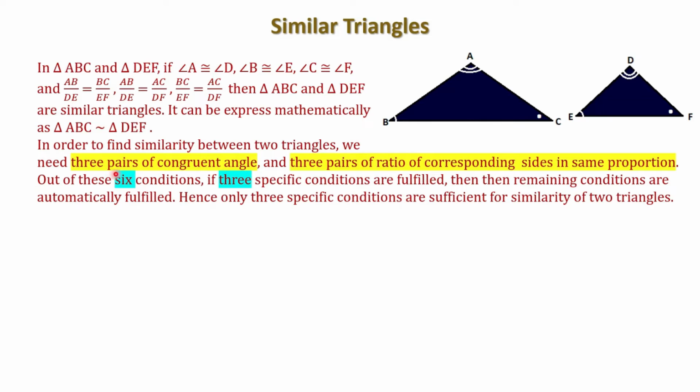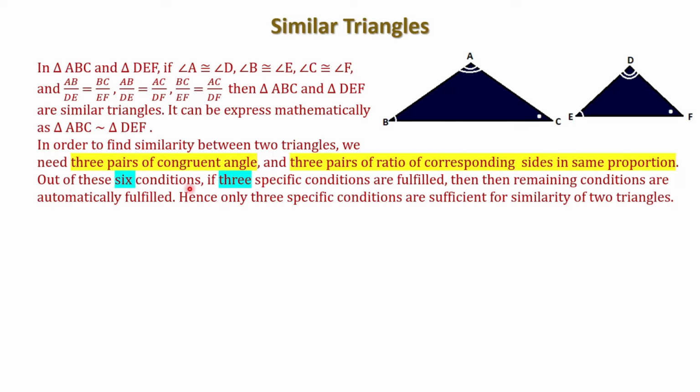In order to find similarity between two triangles, we need three pairs of congruent angles. See, this is one pair, second pair, and third pair, and three pairs of ratios of corresponding sides in the same proportion. So these are the three pairs.